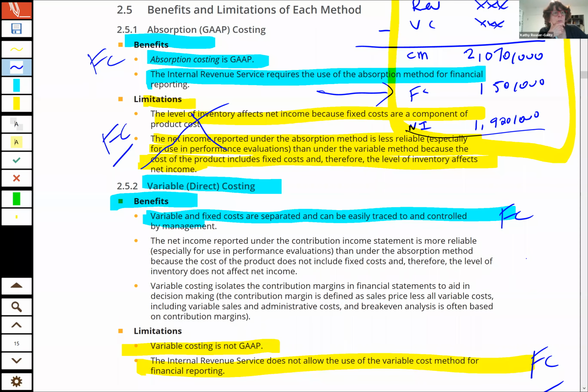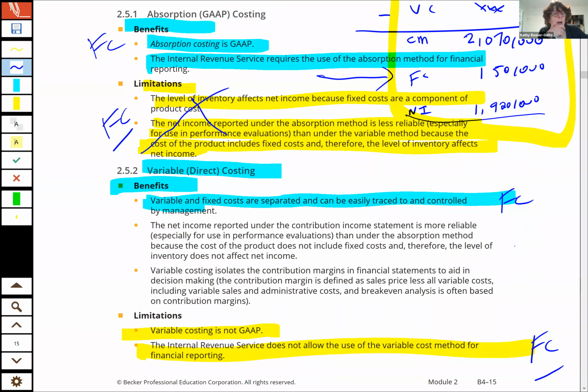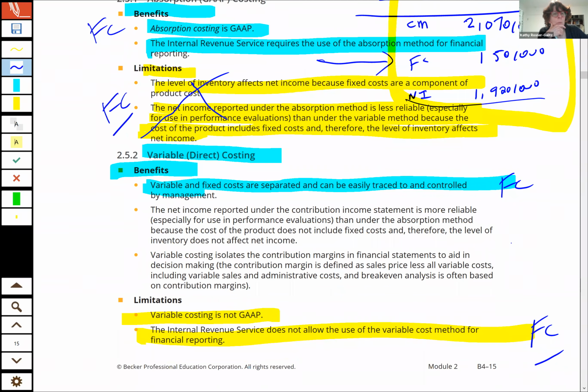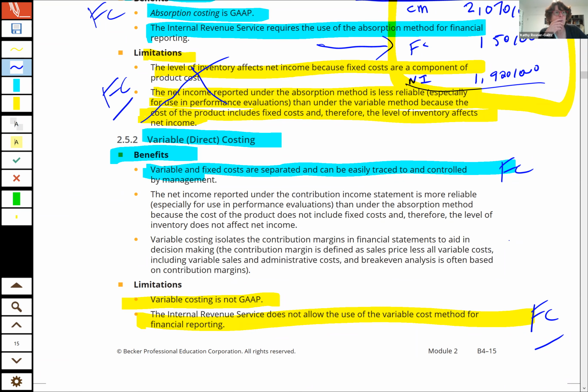I think it depends on what you're using it for. I think that GAAP is more informative for an external person who's trying to figure out if you're making money on your products, period. I think for internal purposes, absorption costing may be less reliable because you've got a lot of things you can't control or that the unit manager might not be responsible for that muddy the determinations that you have to make internally.